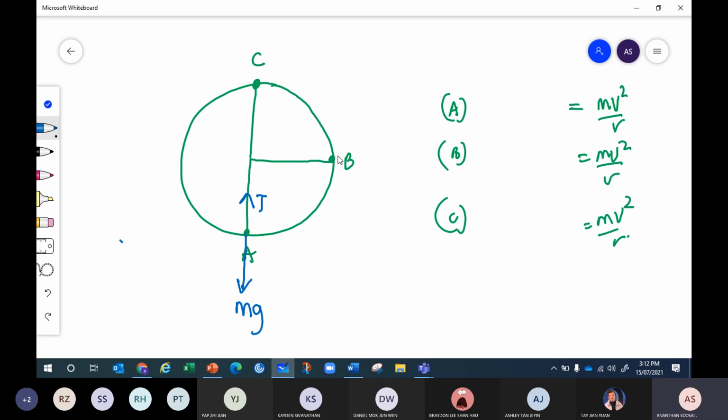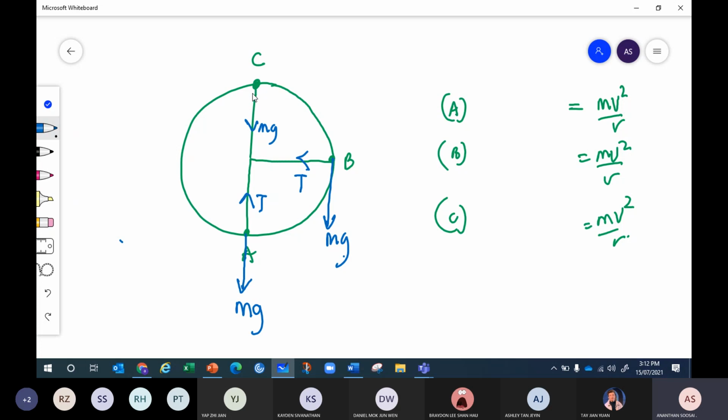Okay, go to the B. What are the forces acting in which direction? At B, the weight acting down, always down. C, also the weight acting down, mg down. How about tension at B? Towards the center, right? Tension is always towards the center, against the object. At the top, where's the tension acting?